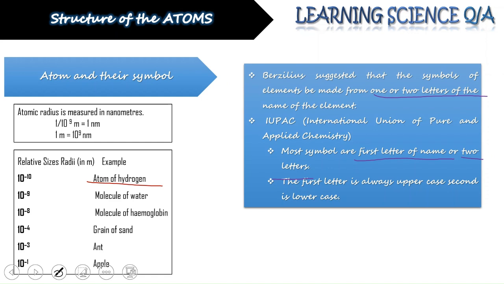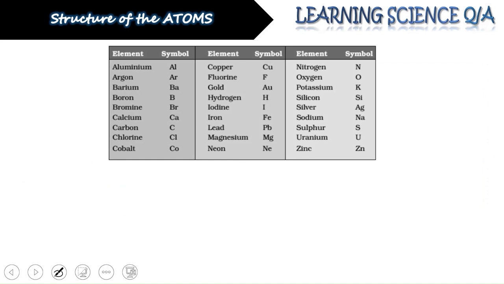However, when any question based on these sizes is asked, most probably they are provided with the question. Now, lastly, we'll be looking at the symbols of the elements. As we told, the symbols of the elements are mostly the first letter of the name of the element.